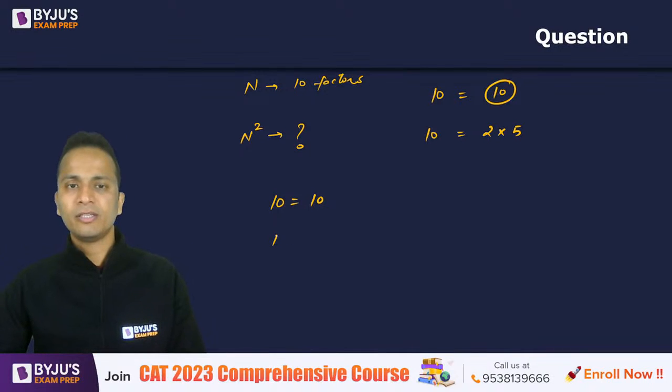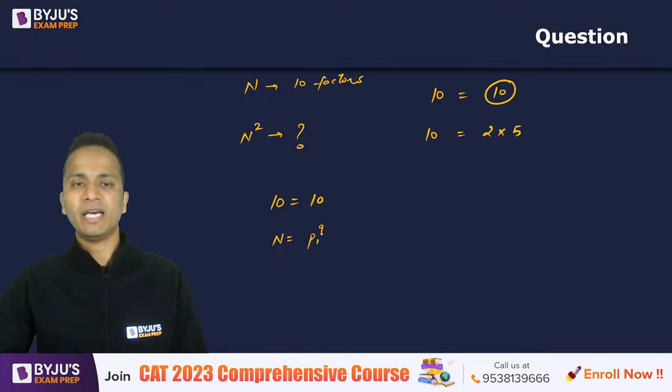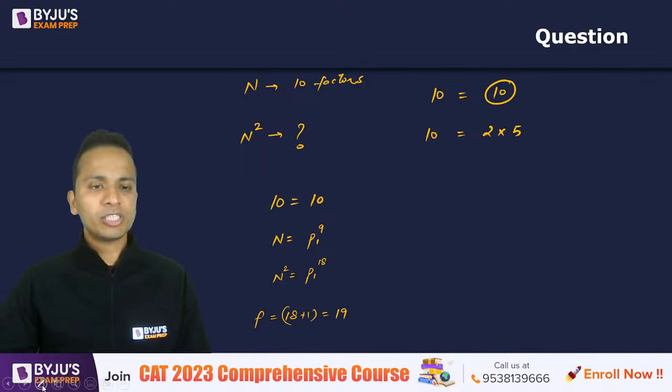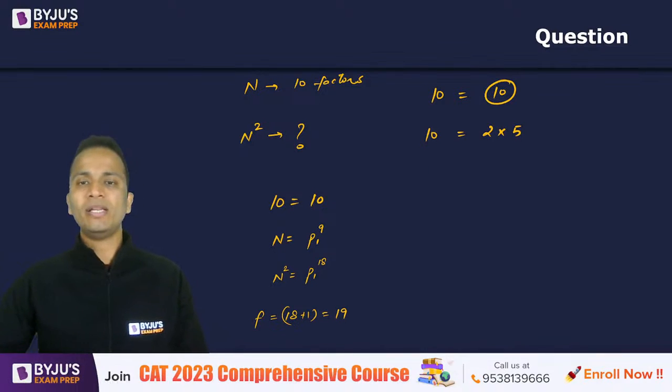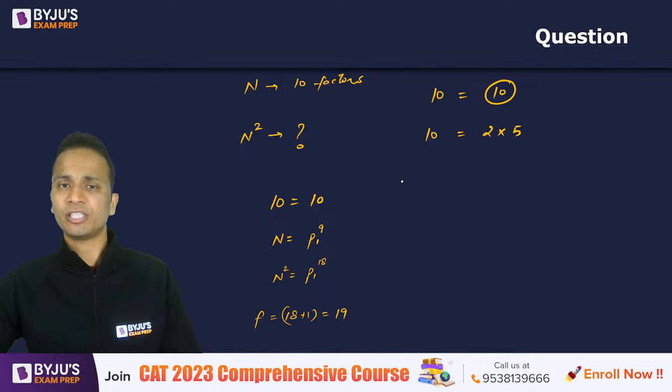Here the general form of n can be p1 raised to the power 9. So n square will be p1 raised to the power 18. And the number of factors of n square will be 18 plus 1, that is equal to 19.